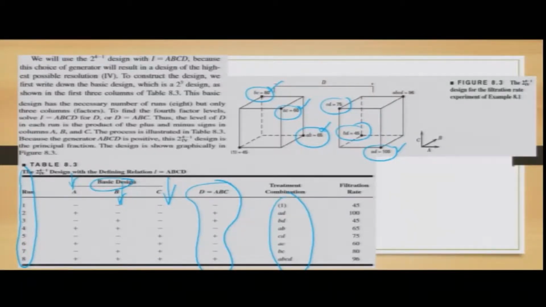So, if A is plus, B is plus and C is plus, that means you have already taken A, B, C combined, and if D, which you are trying to find as a combination of A, B, C, is also plus, that means we now have the effects of A plus, B plus, C plus and D plus also, hence the label would be denoted as ABCD.